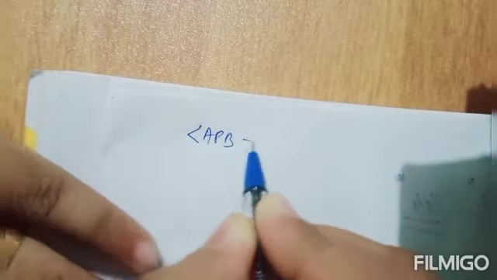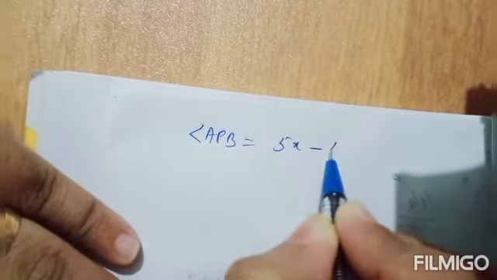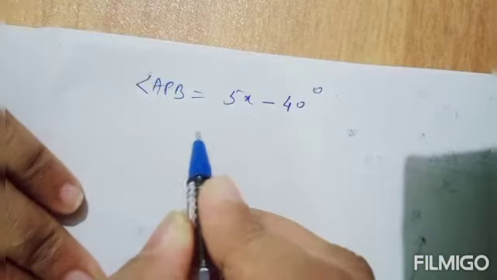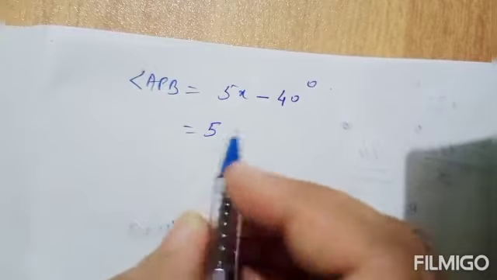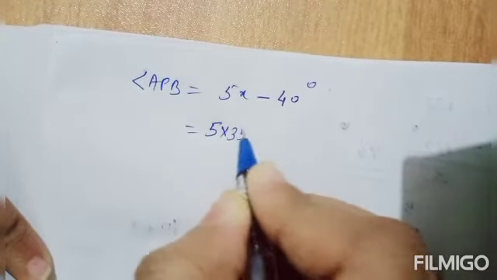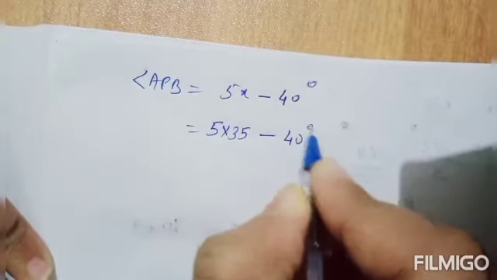Okay, so angle APB equal to 5x minus 40 degree. Substituting the value of x, that is 35, in this, what we will get? 5 into 35 minus 40 degree.